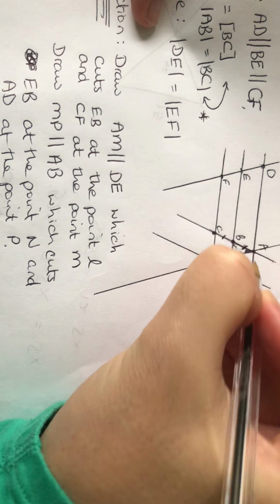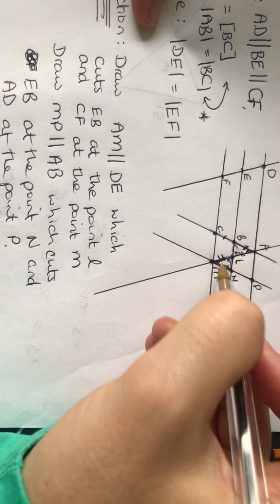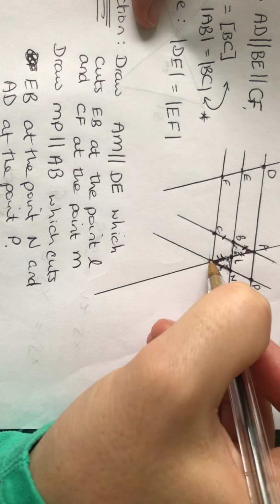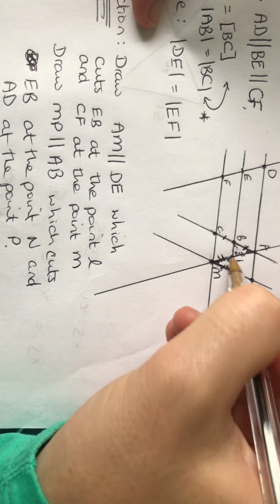See this, AL is equal to LM, and we know they're equal to each other.